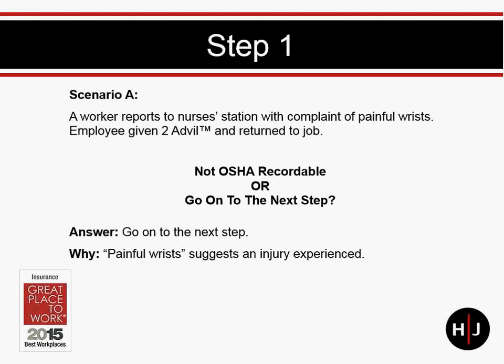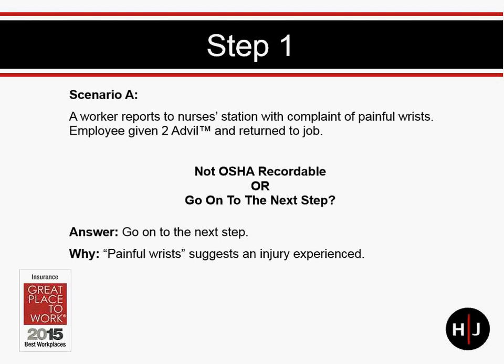Now, here's a scenario. A worker reports to the nurse's station with a complaint of painful wrists. The employee is given 2 Advils and is returned to the job. Is this OSHA recordable? If it is, then you go to the next step. So the answer, of course, as you can see down here, is go to the next step. In other words, there is evidence that this may be OSHA recordable, so you need to go through the remaining 5 steps to determine if it is.